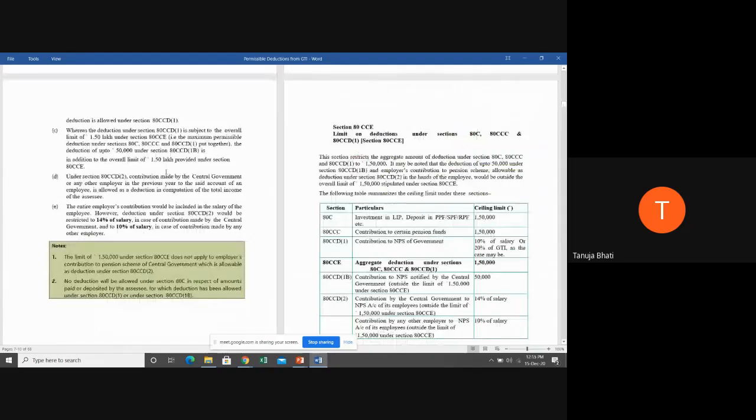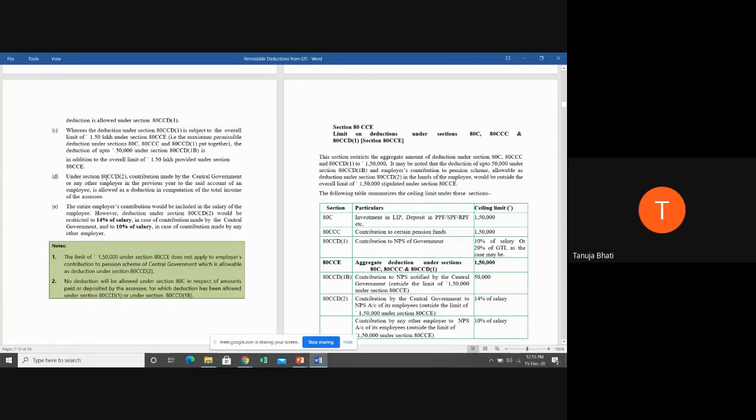Next is section 80CCD(2). Let us see this section. We have seen section 80CCD(1), and section 80CCD(1B), which says that for additional contribution to NPS, we can get an additional benefit of 50,000.